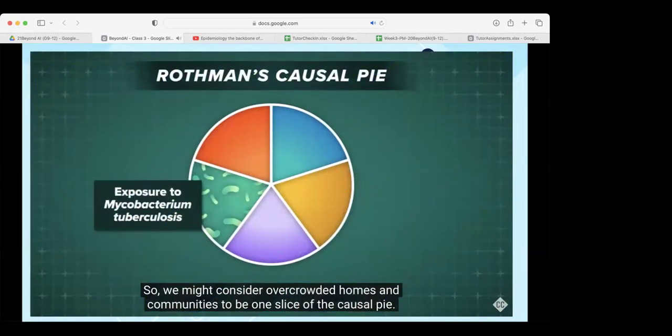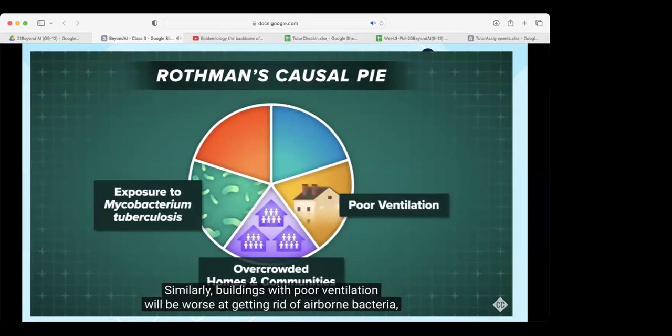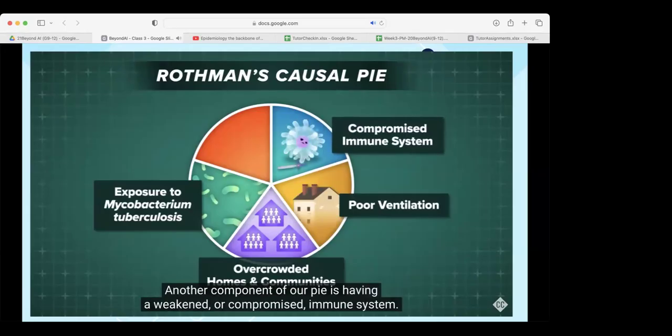So we might consider overcrowded homes and communities to be one slice of the causal pie. Similarly, buildings with poor ventilation will be worse at getting rid of airborne bacteria, making poor ventilation another notable component cause. Another component of our pie is having a weakened or compromised immune system. Basically, if our body isn't as good at fighting off disease, it's also more likely to get sick from exposure to the bacteria.